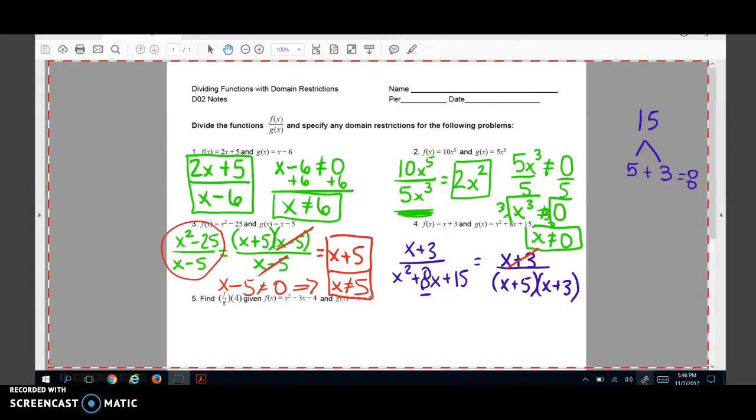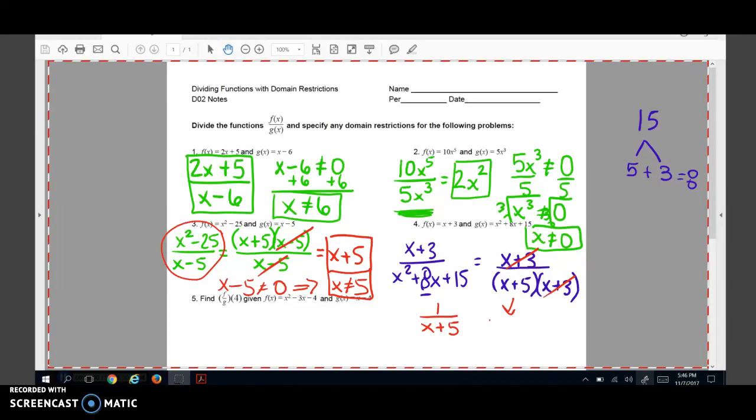Again, my x plus 3 in my numerator and denominator will cancel out, and I'll be left with 1 over x plus 5. Again, we now need to talk about domain restrictions, but we need to look at what we started with. Well, what we started with factored into both x plus 5 times x plus 3.